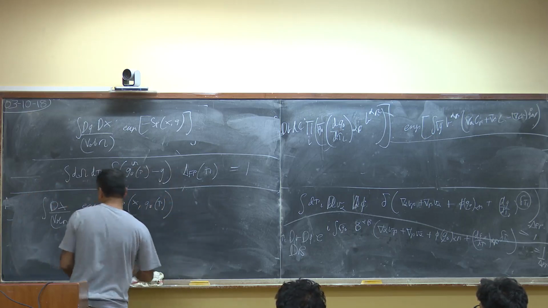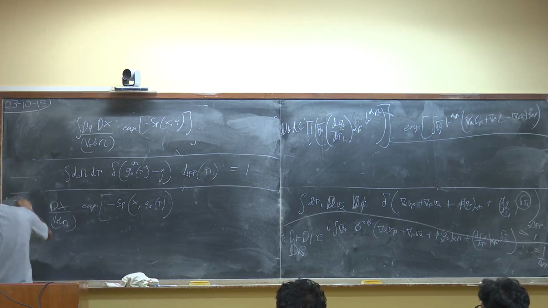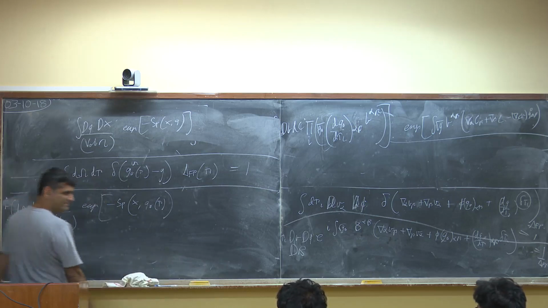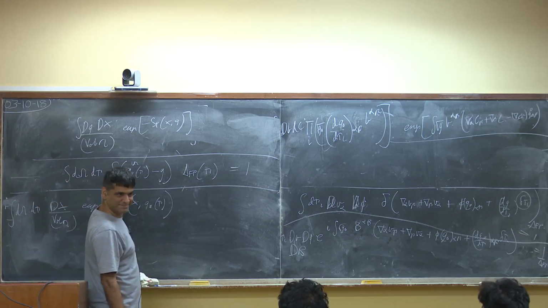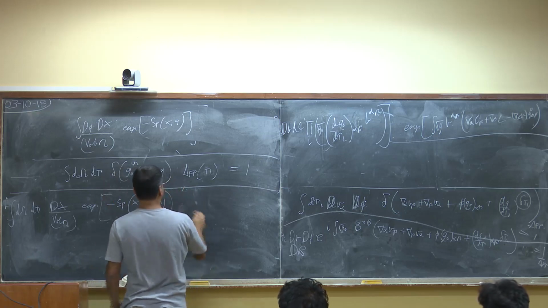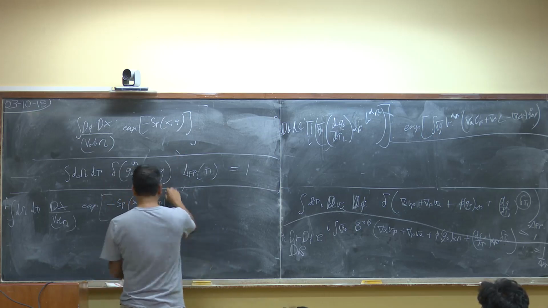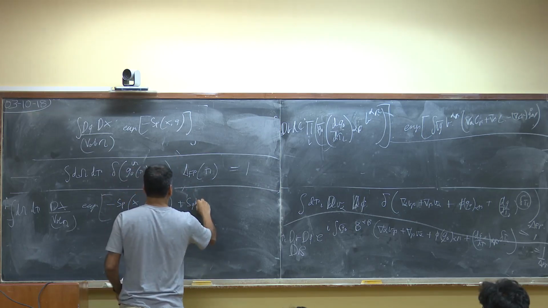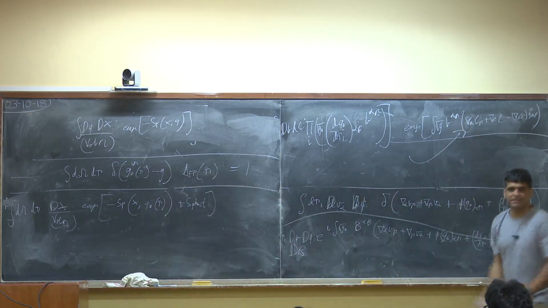Then there was this integral d omega d tau. The delta I've used up, but the delta FP, so that's e to the power minus S times this business. So to this all we add is plus S ghost, where S ghost is this quantity.